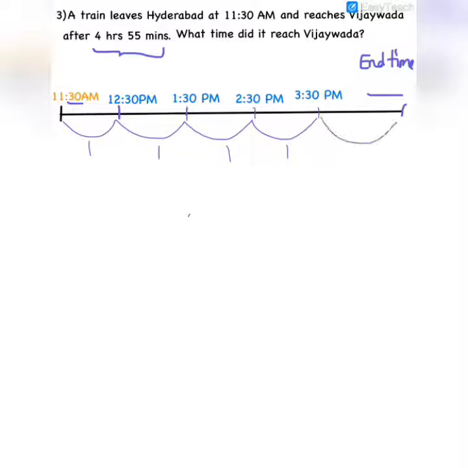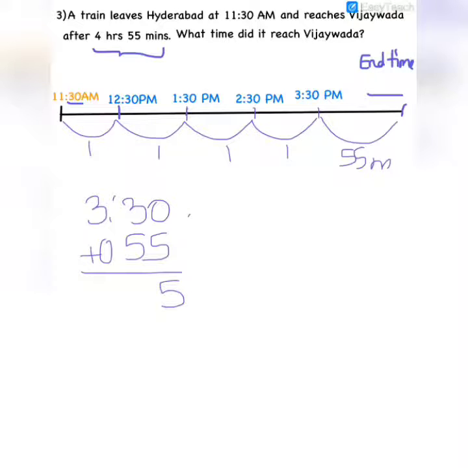So how are we going to cover 55 minutes? Simply, we have two methods as discussed earlier. First we can add 55. So how much will it be? 30 plus 55 is 85. Again it's greater than 59, so we have to subtract 60.